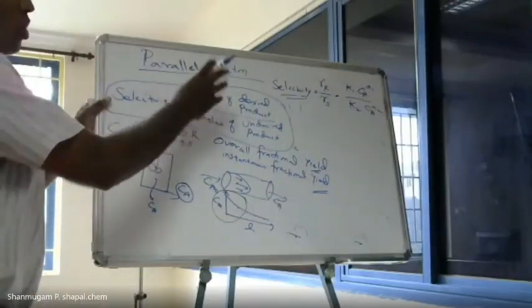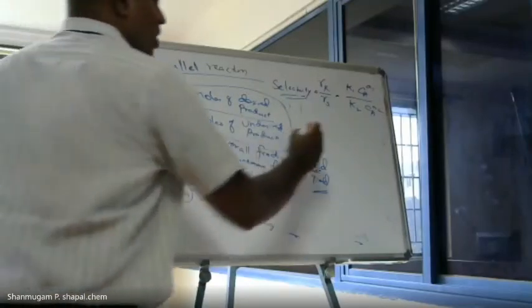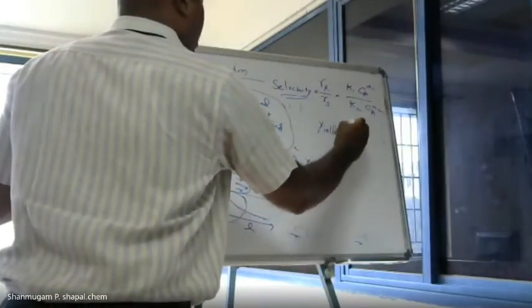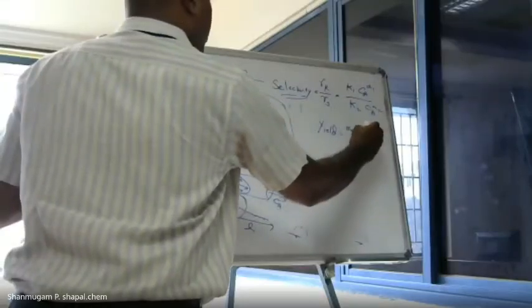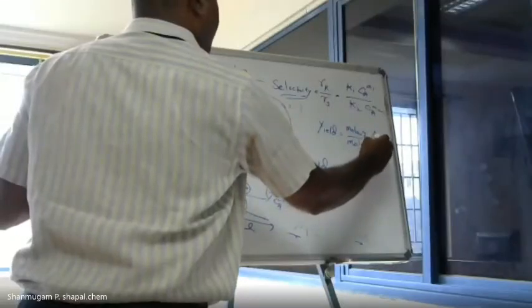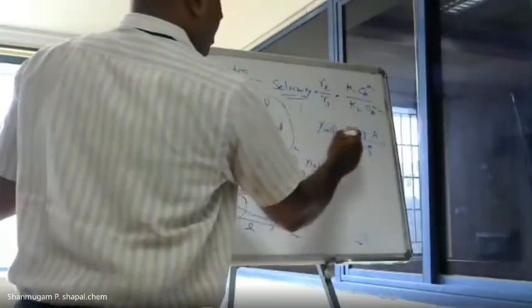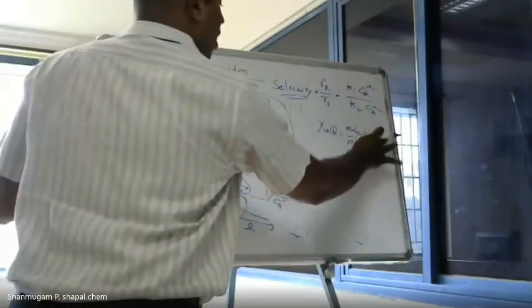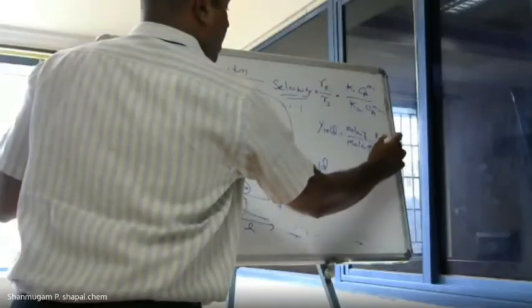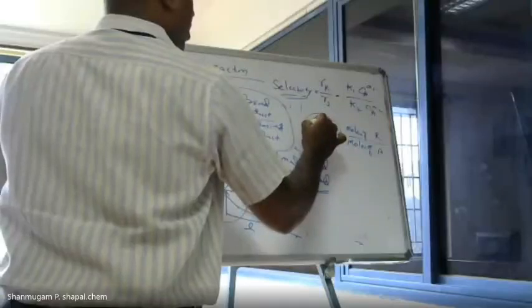In terms of selectivity you talk about the product, but in terms of yield you talk about the feed material. So yield can be written as the moles of R, the desired product, to the moles of A. So this is the overall yield.